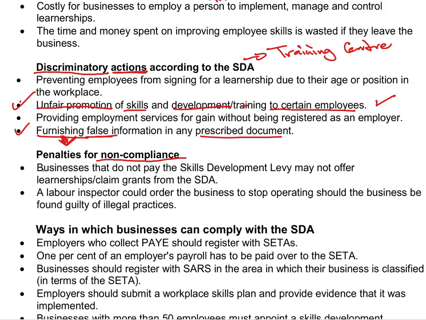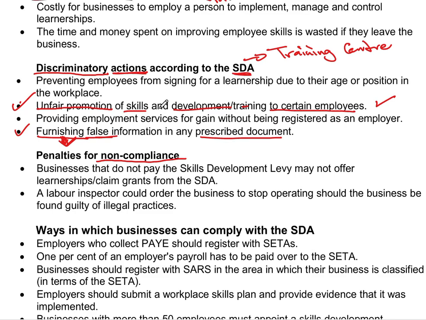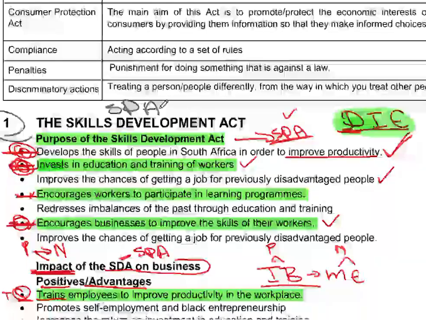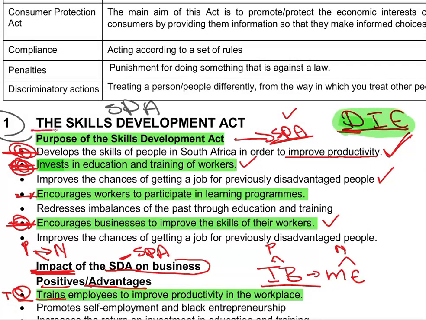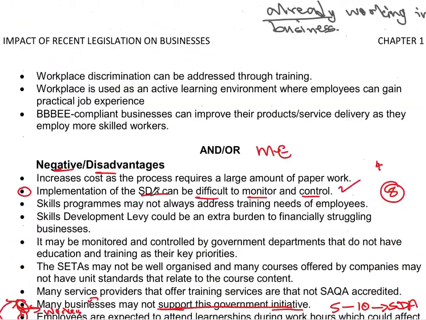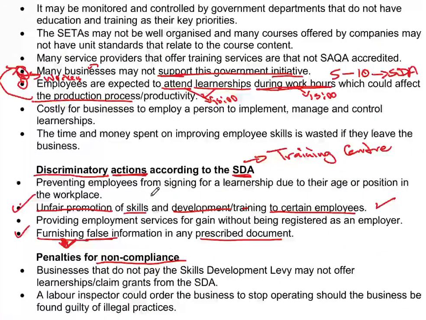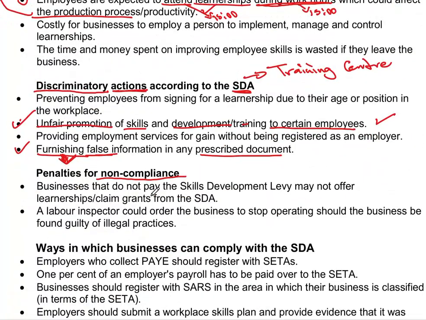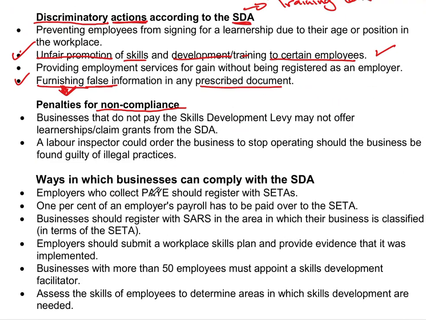So now they are saying penalties for non-compliance, where we are still on SDA, my commercial gurus. We are still here, the Skills Development Act. If you are not complying with this Skills Development Act, what are the penalties there?